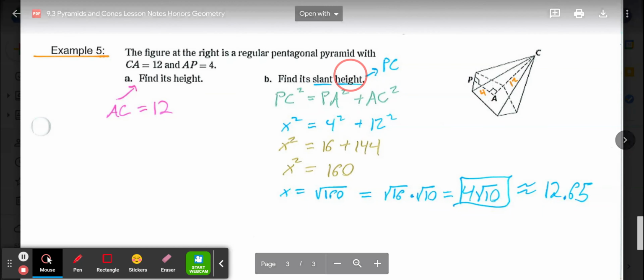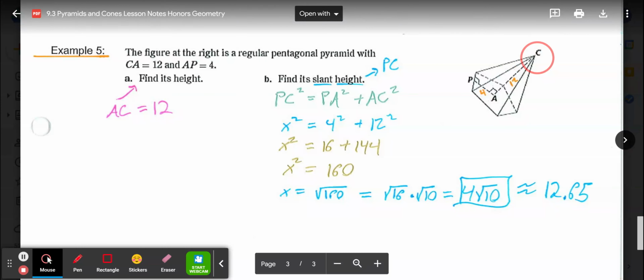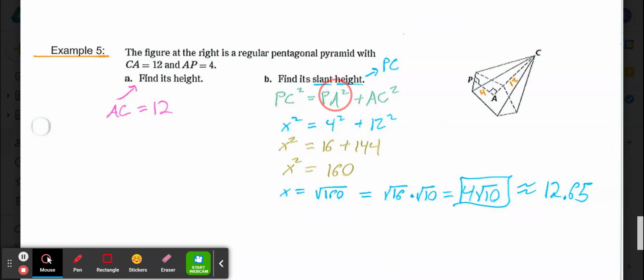Find the slant height. The slant height would be the distance from point P to C. So that would also be the hypotenuse of that right triangle PAC. So PC squared would equal PA squared plus AC squared. So in other words, 4 squared plus 12 squared equals x squared.